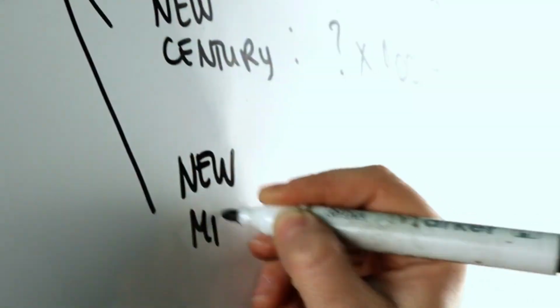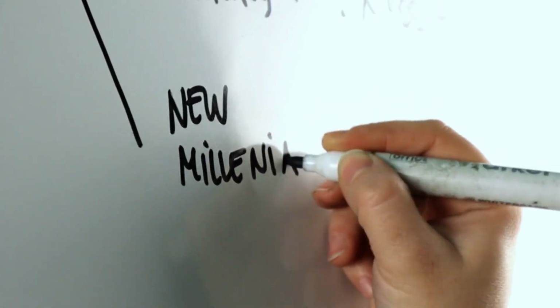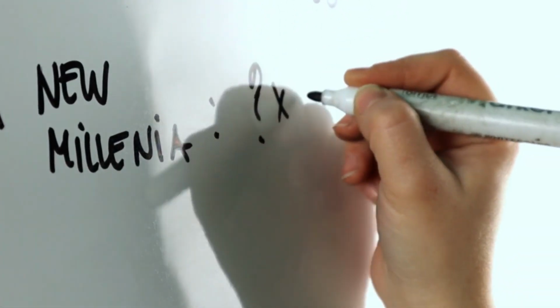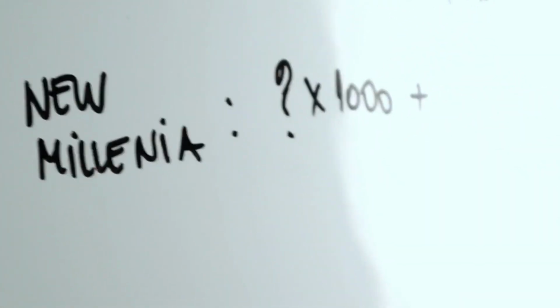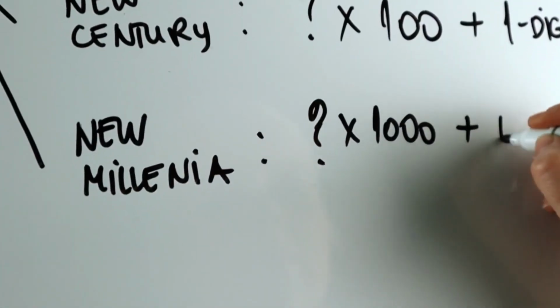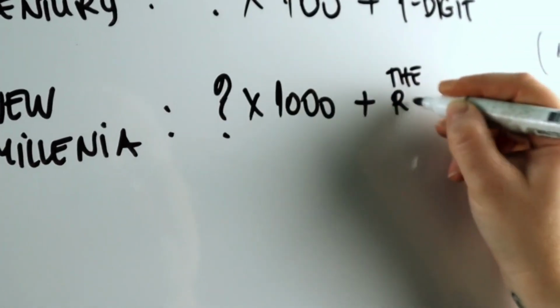When we're talking about the beginning of a new millennium, we refer to basically the first 99 years of the period. And again, within those 99 years, the first 9 years are the most problematic. According to what we just said for the new century, we also have mathematical calculations.